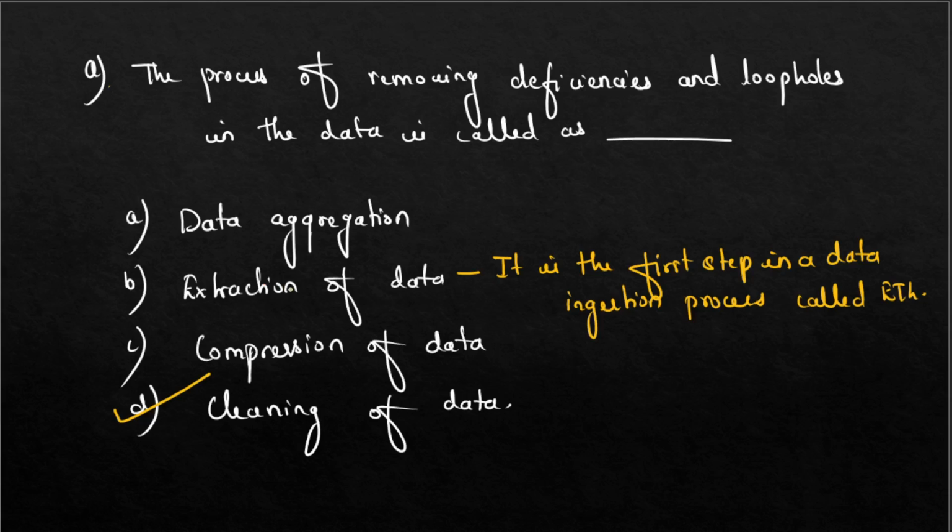So that is what's called data extraction. Now if we talk about data aggregation, it is the process where data is gathered and expressed in a summary form. Okay, so I'm writing here.